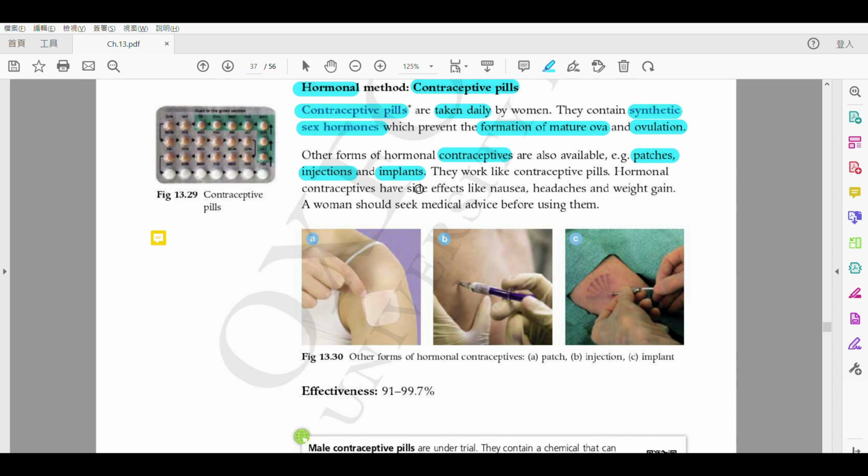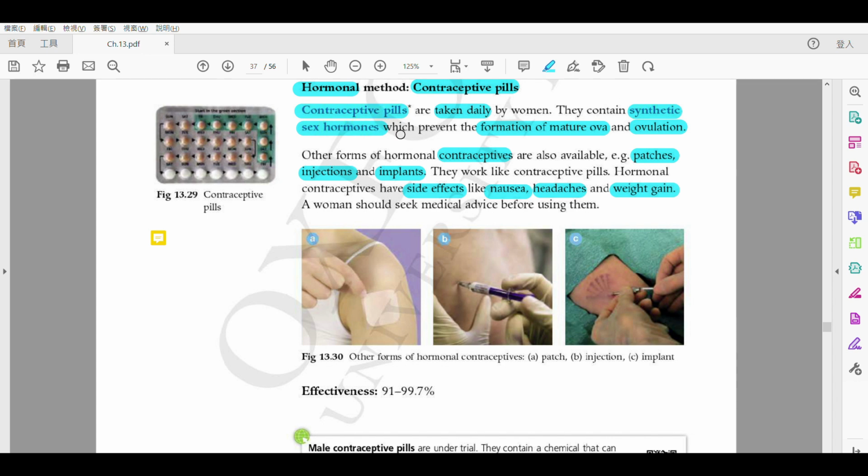But however, we know that eating these contraceptive pills may have some side effects. 自己讀一讀啦，side effects 即係代表係啲副作用啦。For example, nausea 你會覺得暈㗎啦，you will have headache 啦，你會頭痛啦，you will also grow fat. OK，因為 what is the reason? The reason is that it affects your hormone. 佢影響咗你嘅荷爾蒙，alright?